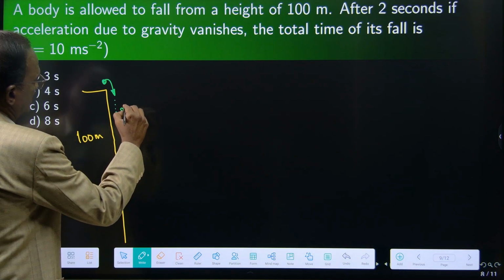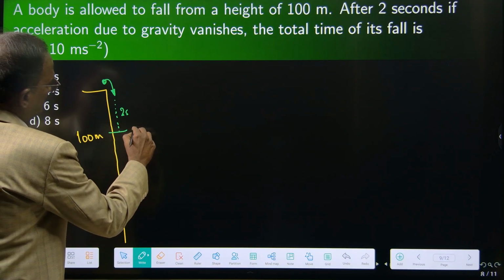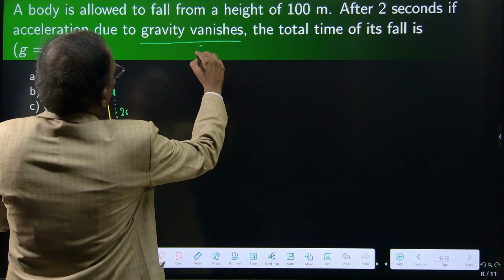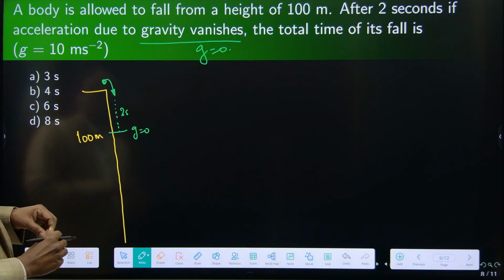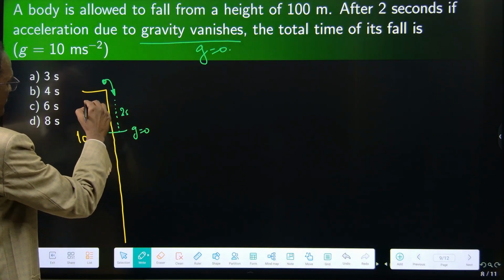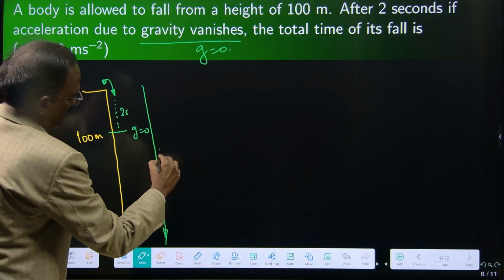Assume this is happening for 2 seconds only. Then at this place, g is made as 0. Gravity vanishes, that is g is 0 at this point. The total time of its fall is, what is the total time? Total time of fall. This time is asked.